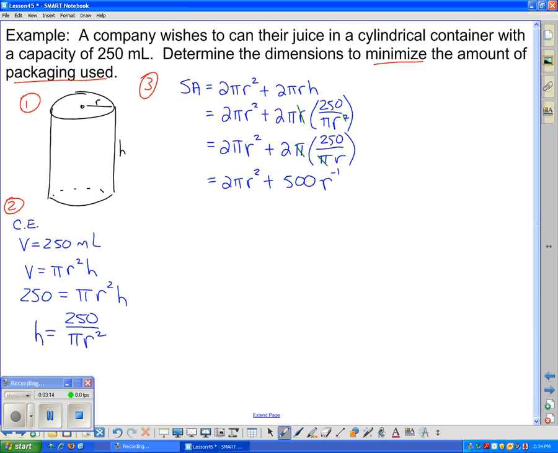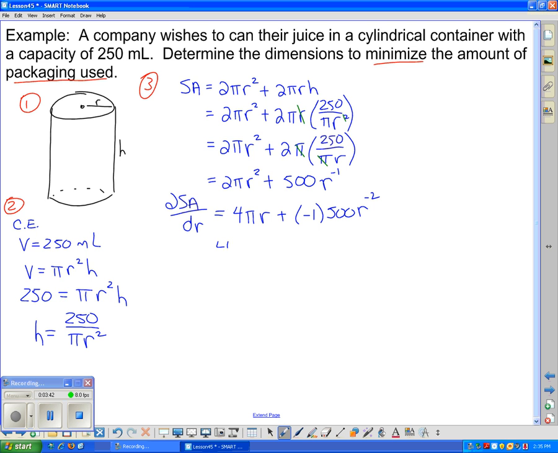So now I'm going to optimize. This is the equation I'm optimizing, and I'm optimizing surface area with respect to our radius. So we're taking the derivative with respect to radius. So this would become 4 pi r plus negative 1, 500 r to the exponent negative 2.